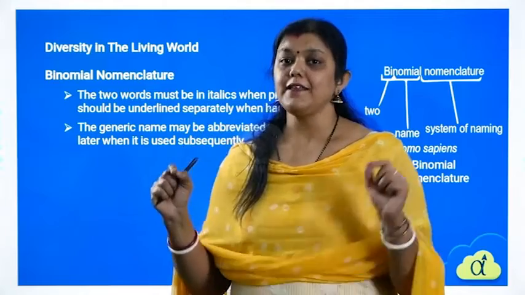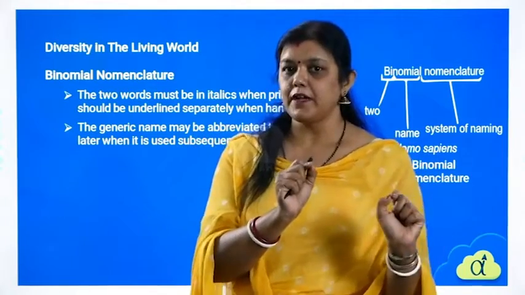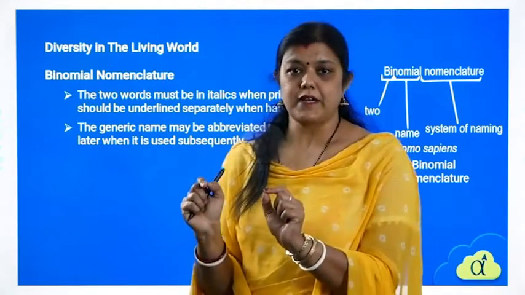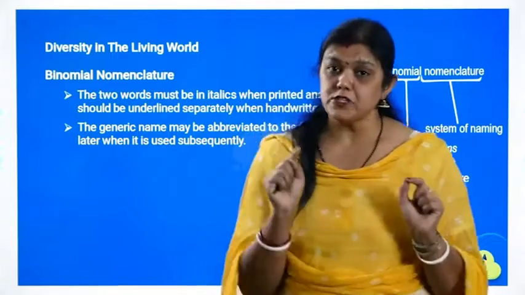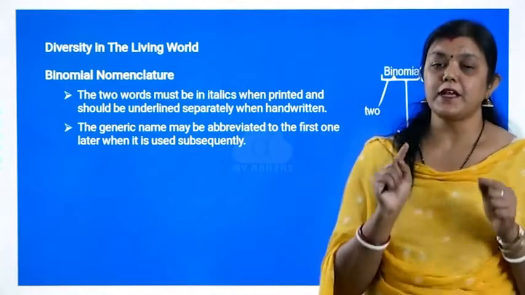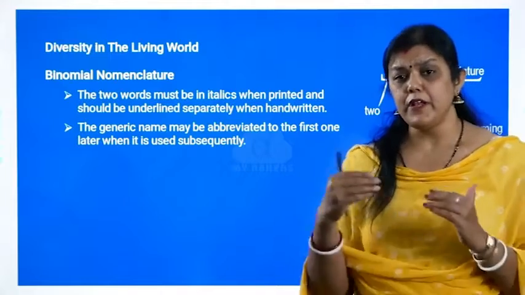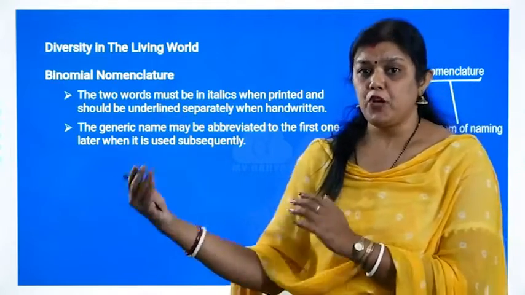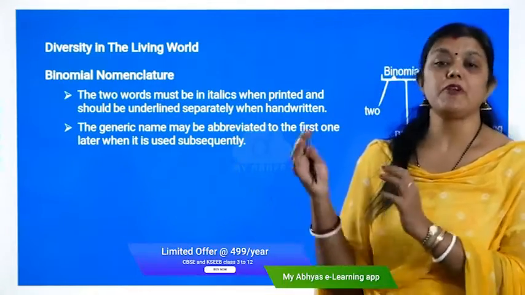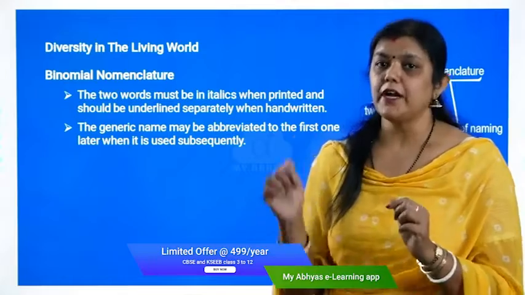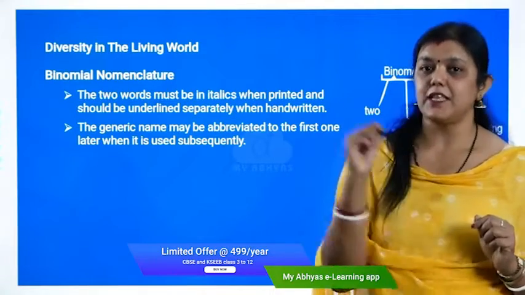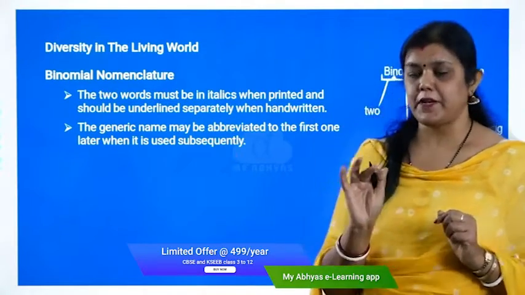That is, the genus name gets a separate underline and the species name gets a separate underline. If it is not done, then the way of representing the binomial nomenclature is considered wrong. From now on, whenever you write a binomial nomenclature or a scientific name of any organism, make sure that you underline the genus name and the species name separately.